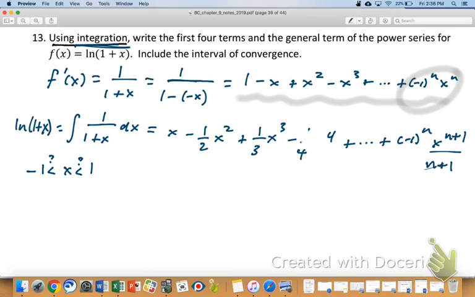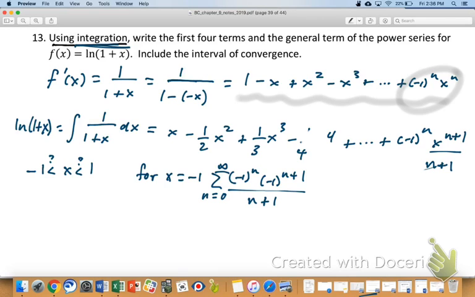So then I'd come over here and do my endpoint analysis. So for x equals -1, my sigma would be -1 to the nth times -1 to the n plus 1 over n plus 1.